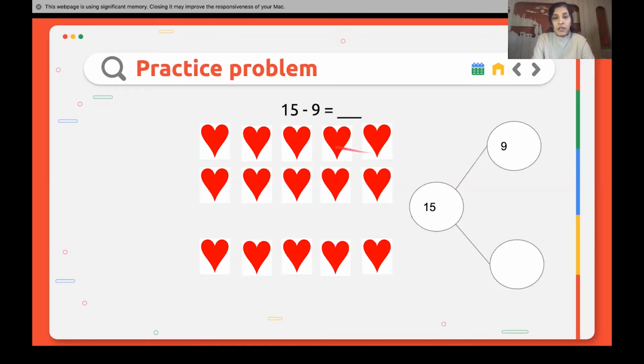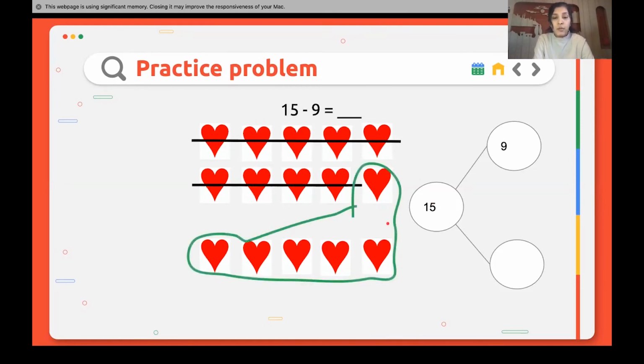Okay, so here I show you my 15 hearts. So there's 5, 10, 15, if you count each one. So there's 15. And I need to subtract 9. So 5 plus 4, remember? So I'm going to subtract 5, I'm going to subtract 4. So now these are the ones I have left. There's 5 here. 5 plus 1 equals 6.